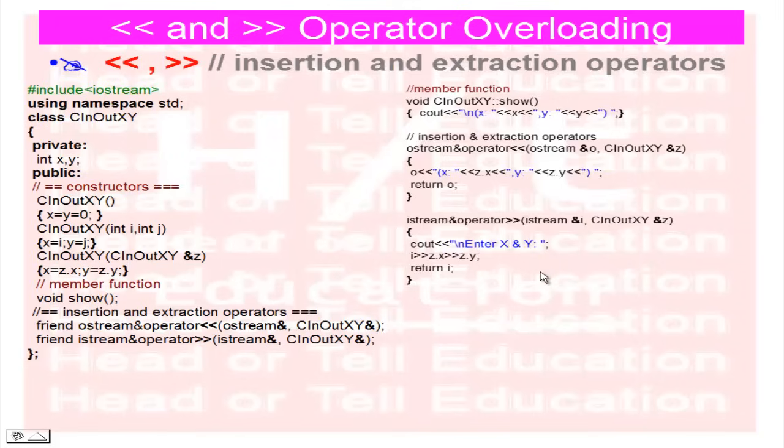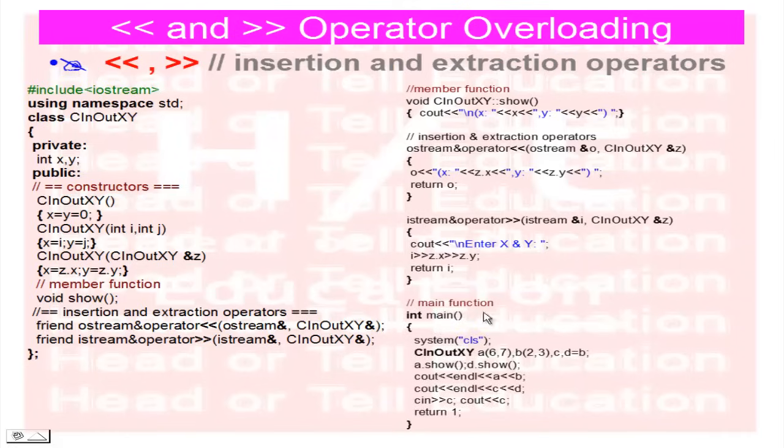I show the input first with a cout message, then a new line, enter x y, and read by passing the istream reference i, meaning cin greater than greater than z dot x and z dot y, and return istream. So this is overloading the insertion and extraction operators. Now check the example of how to use it in our main function in C++.